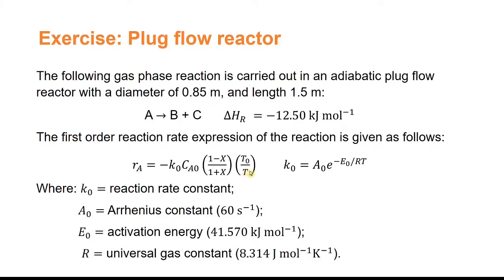Since temperature is in the denominator, the higher the temperature, the slower the rate will be. The rate constant K0 is given by the standard Arrhenius expression, and this also depends on temperature. The Arrhenius constant, activation energy, and gas constant are given as follows.